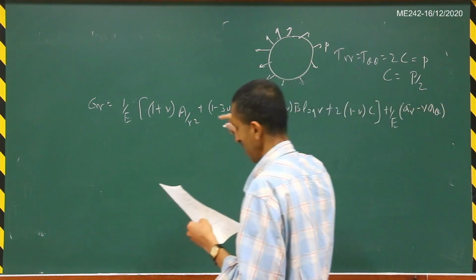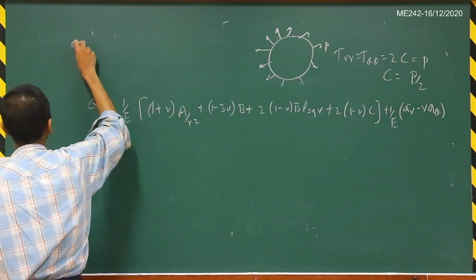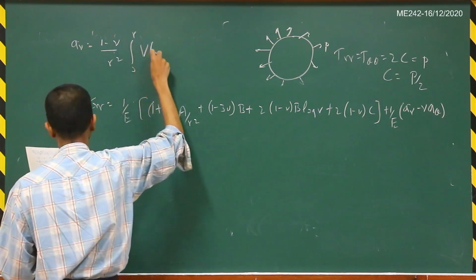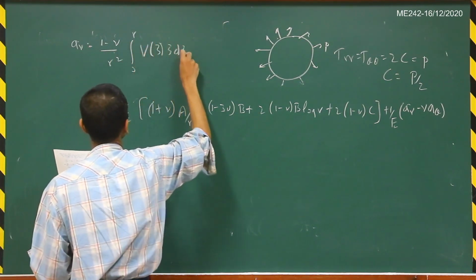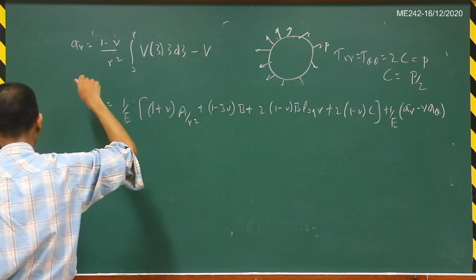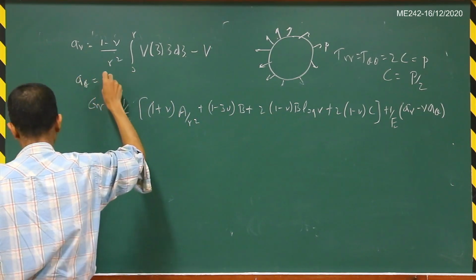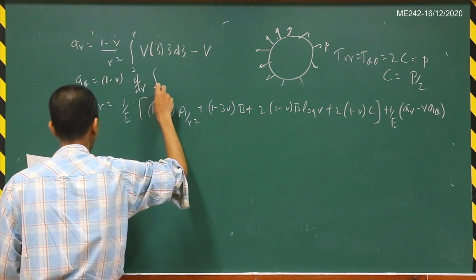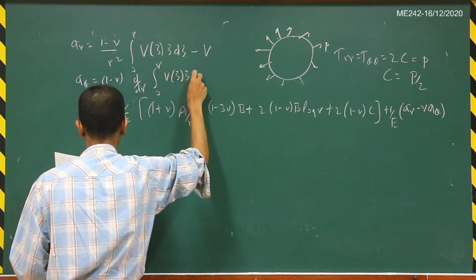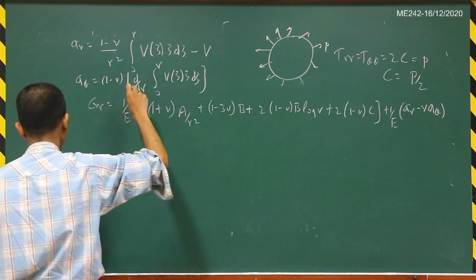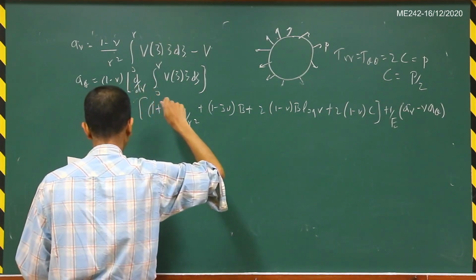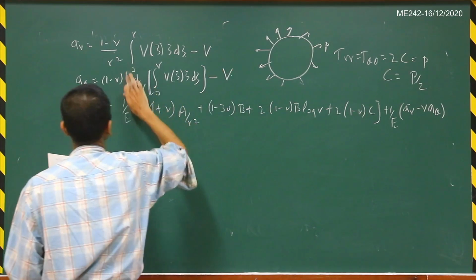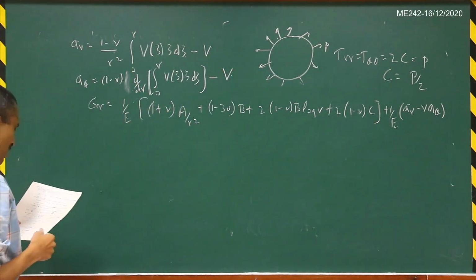Here, this A_r and A_theta, let me define them. A_r is equal to 1 minus mu divided by r square, integral from 0 to r of V of xi d xi, minus V. And A_theta is equal to 1 minus mu times d by dr of the integral from 0 to r of V of xi times xi d xi, minus V. So these are the expressions that you get for A_r and A_theta.